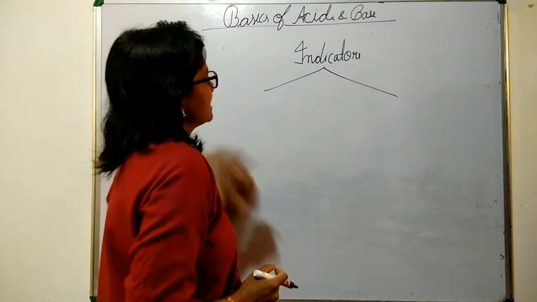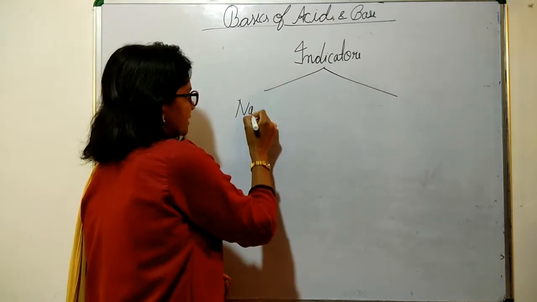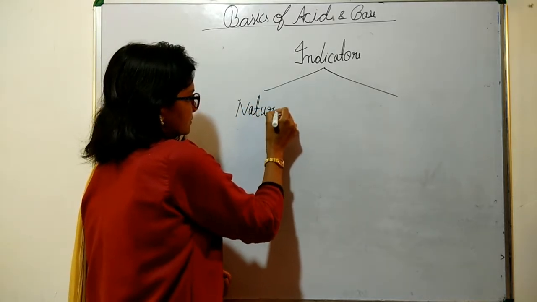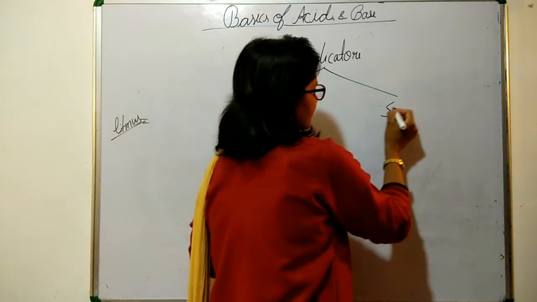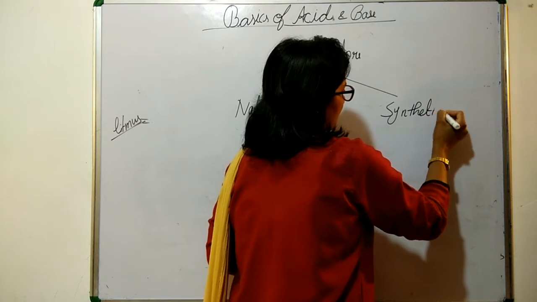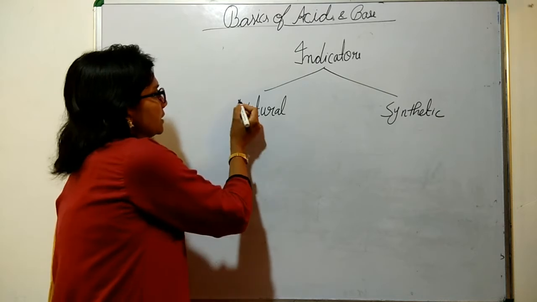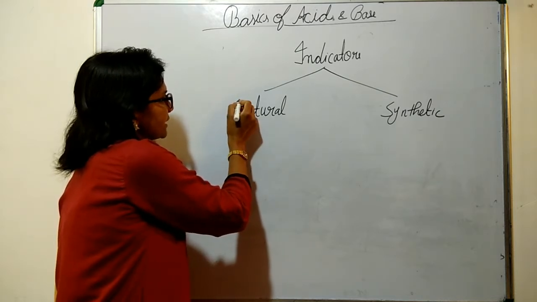Indicators are basically of two types. One is the natural indicator, and the second is the synthetic indicator. One more category is also seen. Then what is a natural indicator?